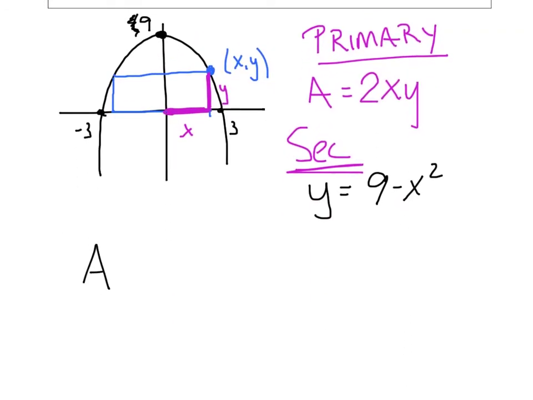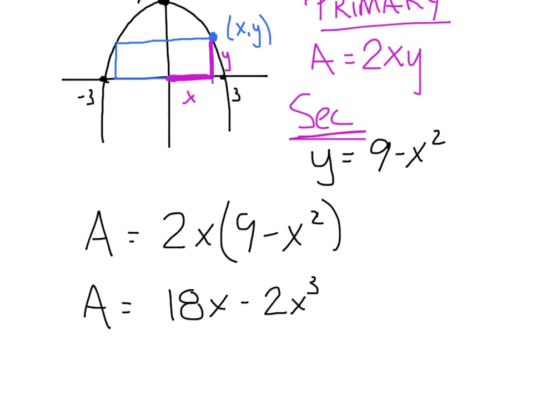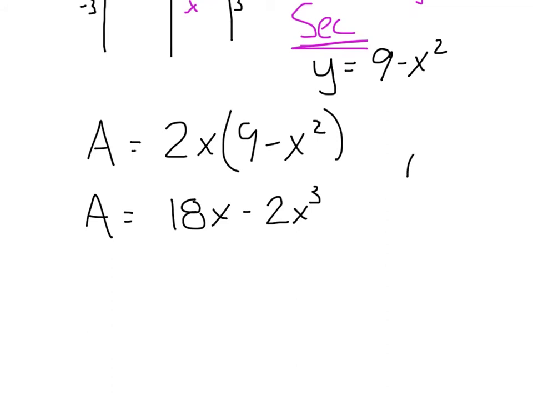So I could say my area is 2x times 9 minus x squared. Now if I left it like that, I'm inviting product rule in, so let's use some common sense and clean that up. That's 18x minus 2x cubed. Again, the one thing you're taking away tonight is that anytime you want a max or a min, we know that at that one special point we have a slope of 0.